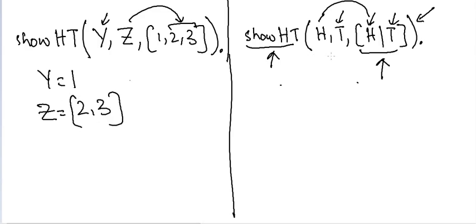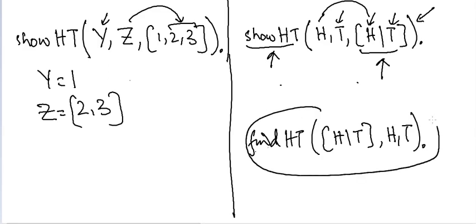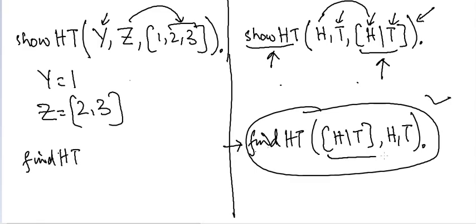I could have written it the other way around also. I could have written my clause like this also, right? So this is one way of writing a clause, and it's doing the same thing. So this time, if I wanted to use this clause, I'd use the predicate find ht, and I would copy the same sequence, right?